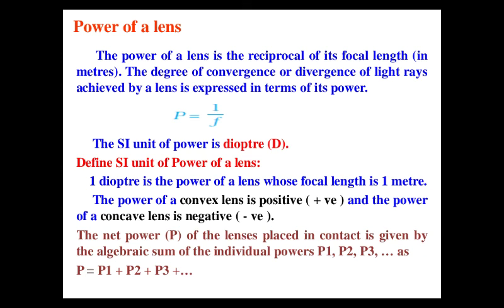You will just add up their powers with their appropriate sign. Convex lens power will be positive, so you will write +3. Concave lens power will be negative, so you will write -2. So you will write 3 minus 2 is equal to 1 diopter, which will be the power of the combination.